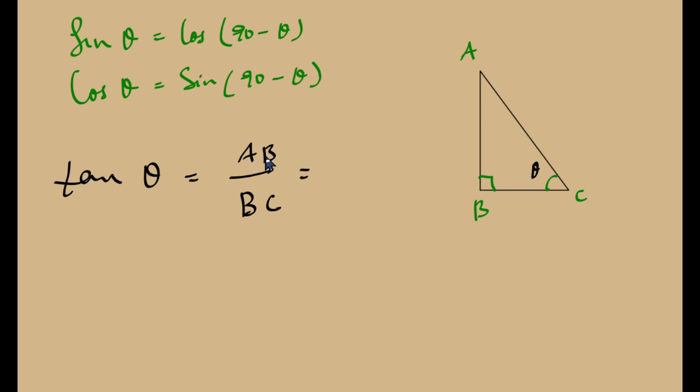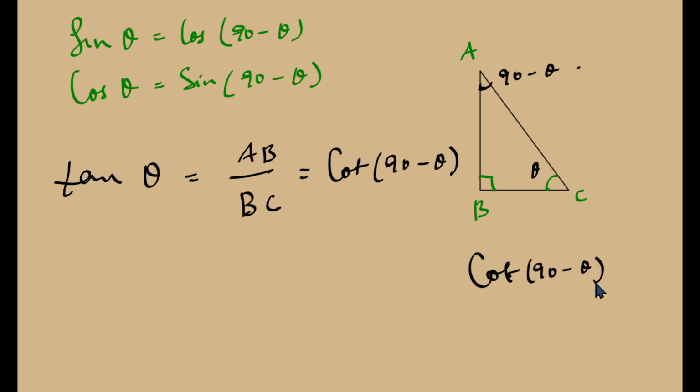And what is the opposite for theta would be the adjacent for 90 minus theta. So the same AB by BC would hold good for cot of 90 minus theta. If you are not very certain with this, just try doing cot 90 minus theta separately.